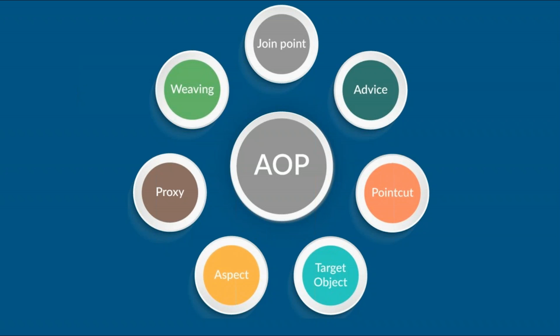There are many, such as aspect, join point, advice, point cut, target object, weaving, proxy, etc. So first we'll see what is an aspect. An aspect is a class that implements the Java Enterprise Application concerns which cut through multiple classes, like transaction management, security, etc. And aspects can be a normal class that is configured through Spring XML configuration.